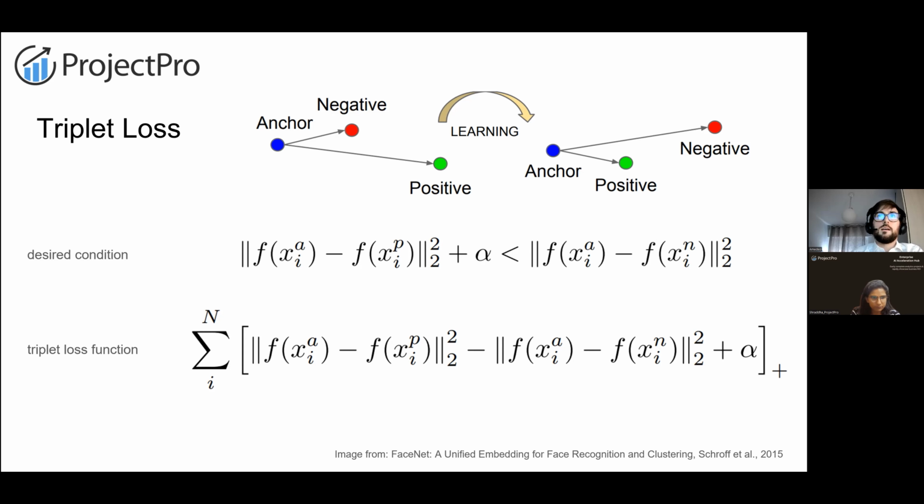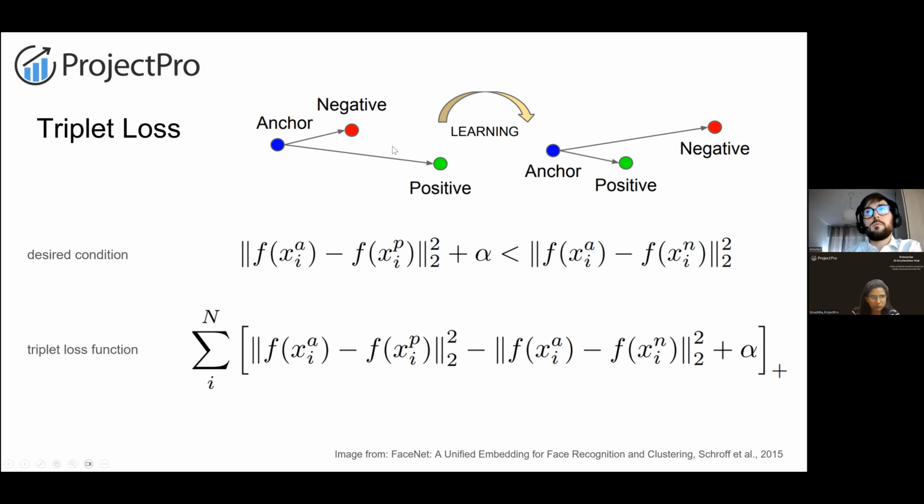And we want to train the model in such a way that gradually the negative images will be far from the anchor, and the positive one will be close.